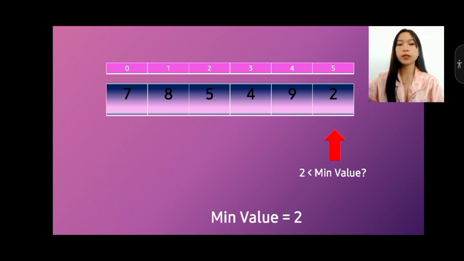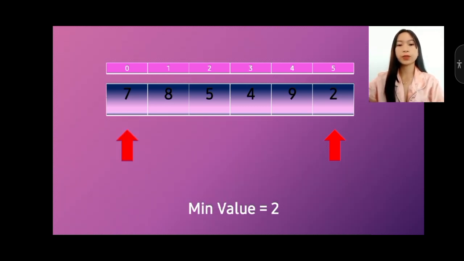We found our smallest item. It's 2. We want to move that into the first position of the list, which is 7. So we're going to swap the 7 and the 2. Now we're going to mark the 2 as sorted.